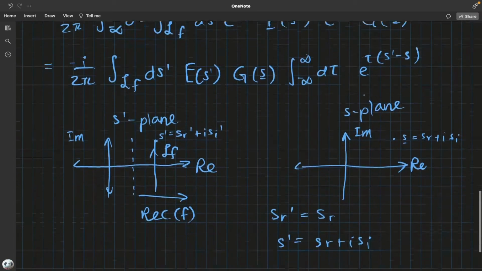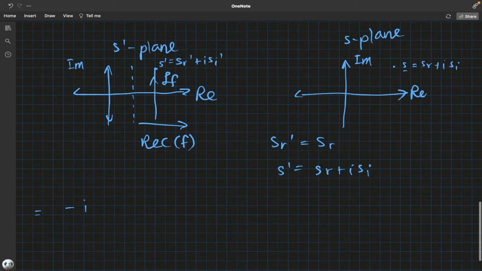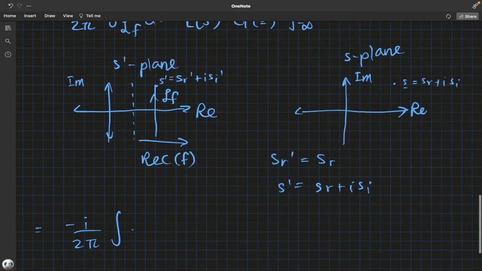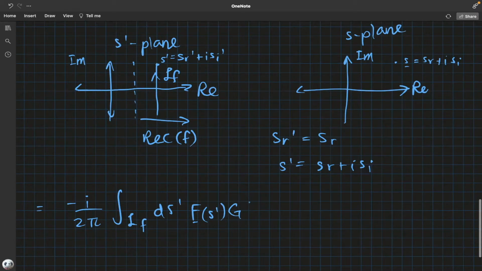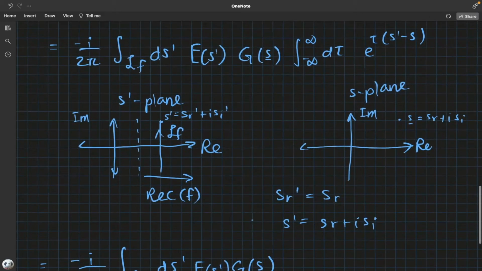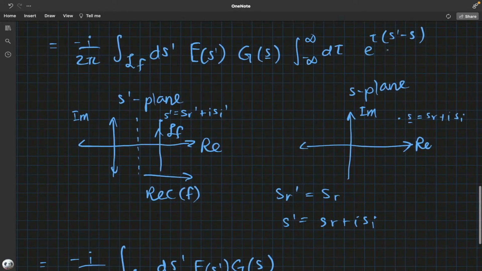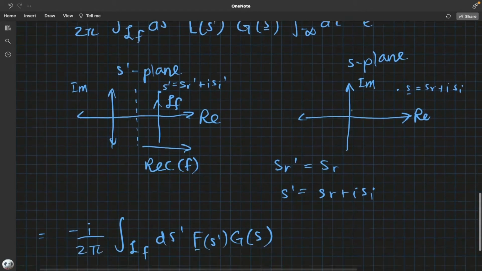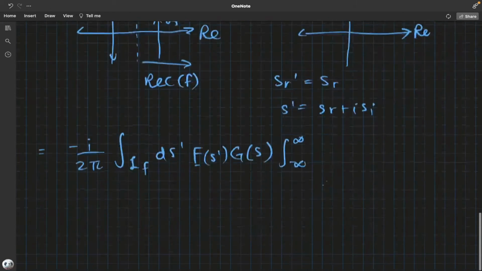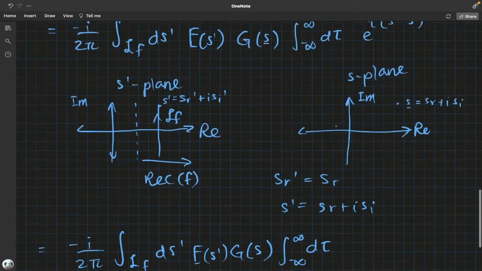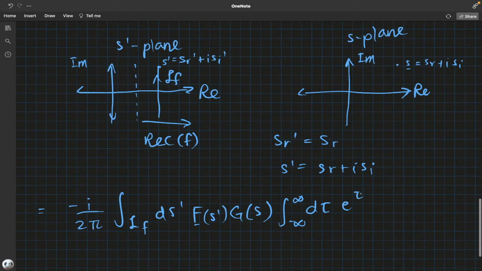We can plug everything back into what we had before. So I believe we had this, that, and this. So d tau as it is, just decompose everything, e to the tau.